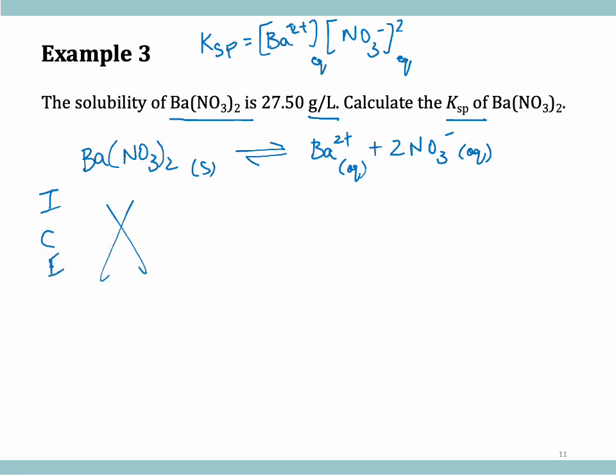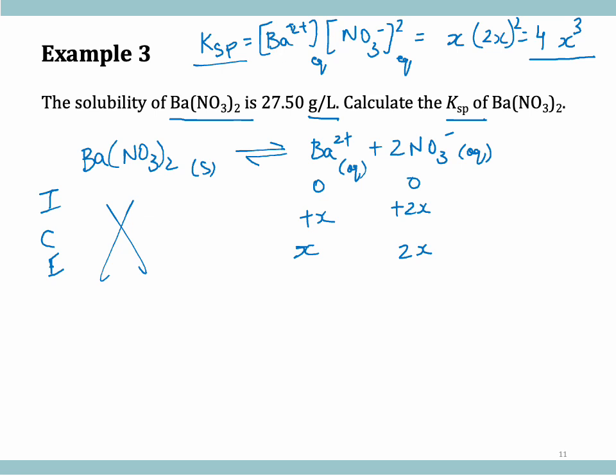I don't need this. 0, 0, plus x, plus 2x, x, 2x. So I'm solving for the Ksp, which means Ksp is going to be x times 2x squared, which is 4x cubed.